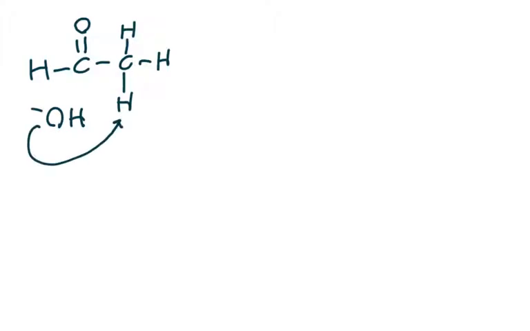And it's going to push this into a double bond. And these electrons are going to have to get out of the way. So what we end up getting is a set of resonance structures.